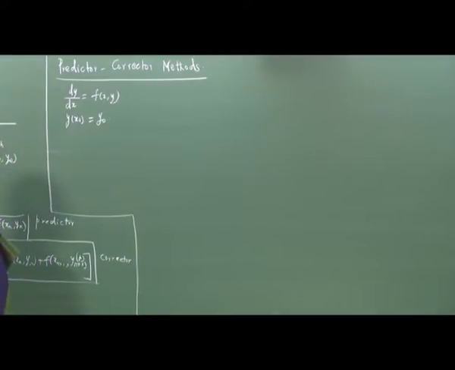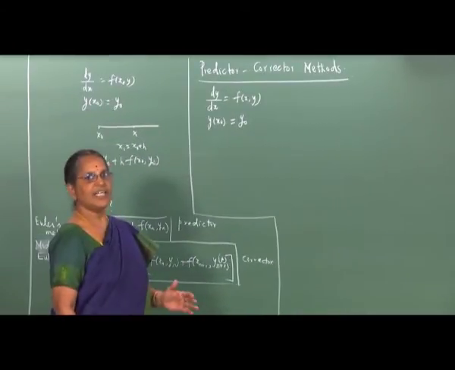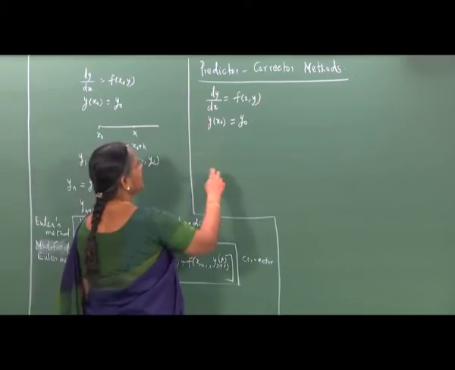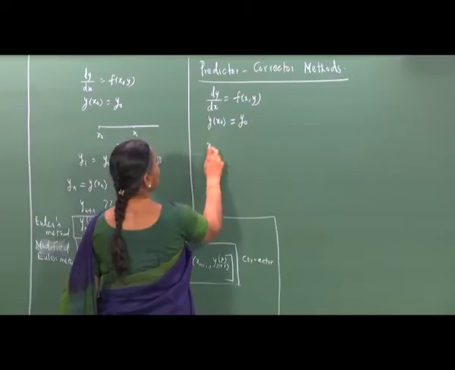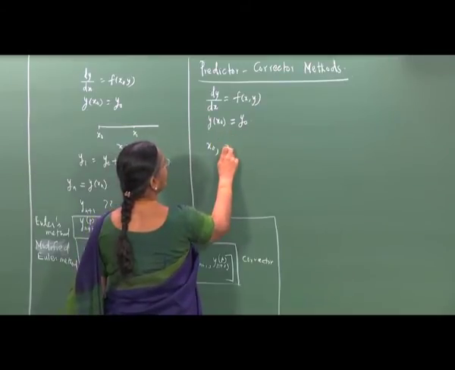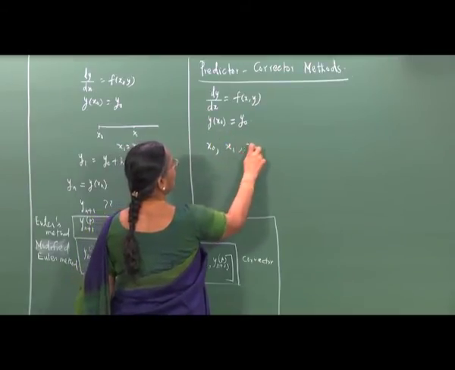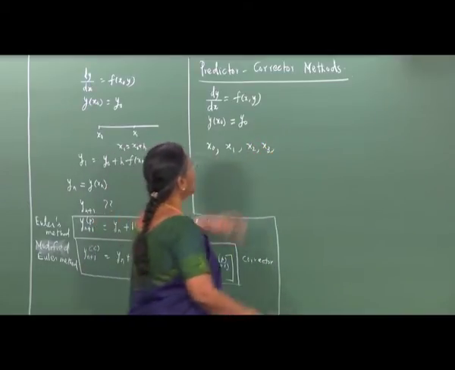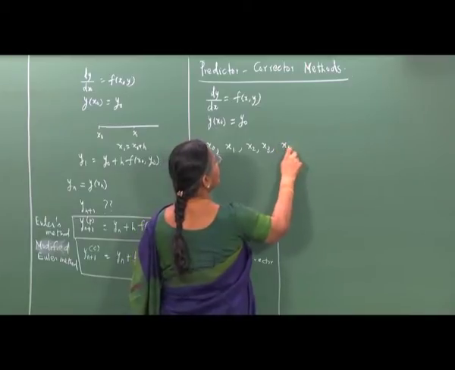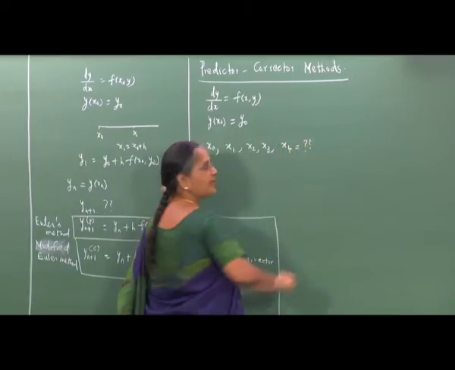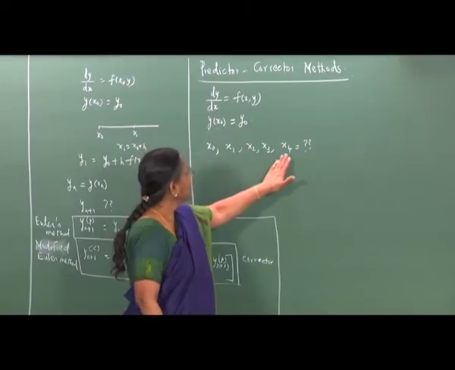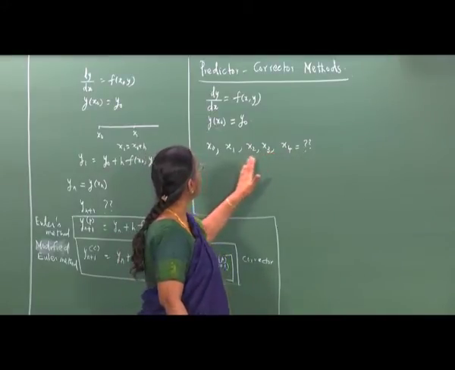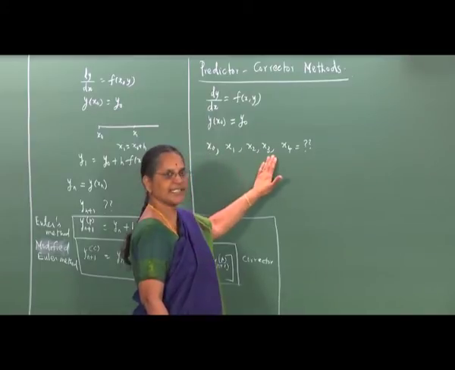Suppose we have information about the solution of this problem at points x naught, which is given by this initial condition, at x1, x2, x3, and you are asked to compute the solution at x4, which means the solution at the point x4 makes use of the information at the previous 4 points.